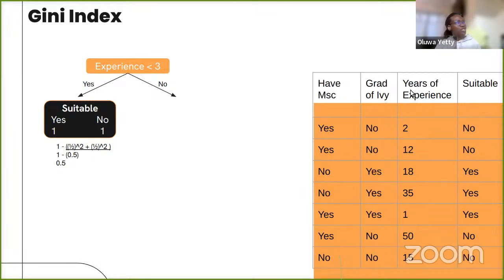The decision tree does not specify which feature to start with, or that your root node should be a particular feature. It could be random, because at the end of the day you build different trees. One tree might start with MSc and go through each of the features, and another tree might start with grad of Ivy, and so on.